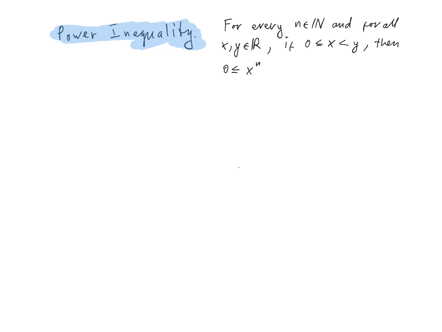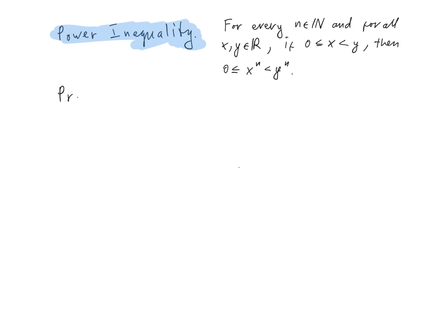For every natural number n and for all real numbers x, y, if we have that 0 is less or equal than x is less than y, then we also have that 0 is less or equal than x to the power n is less than y to the power n.